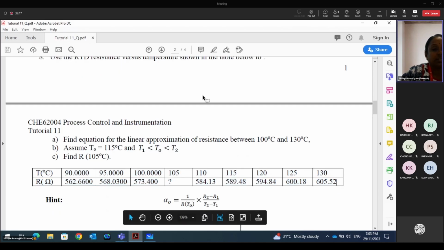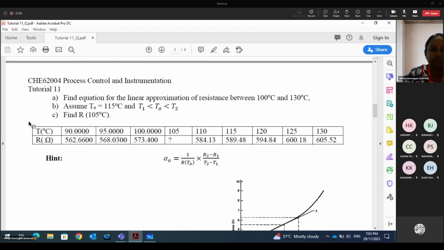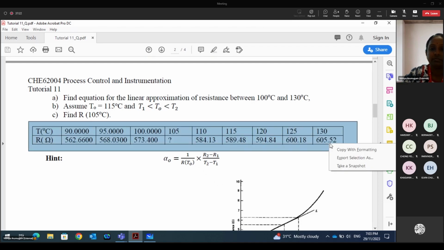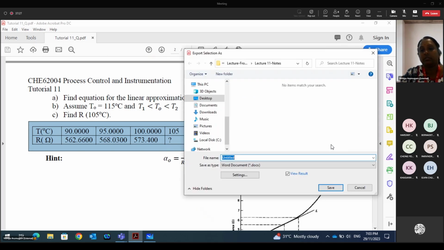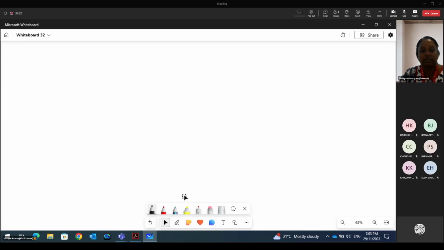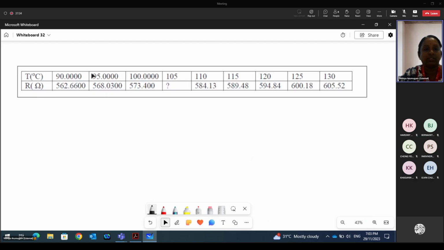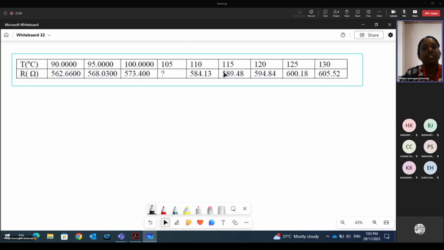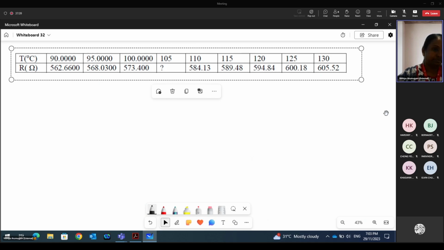I cannot extract this table, but we have this table here: at a particular temperature, what is the resistance?